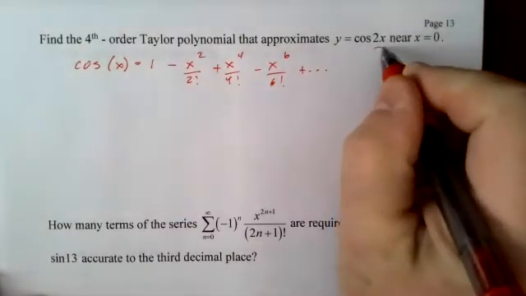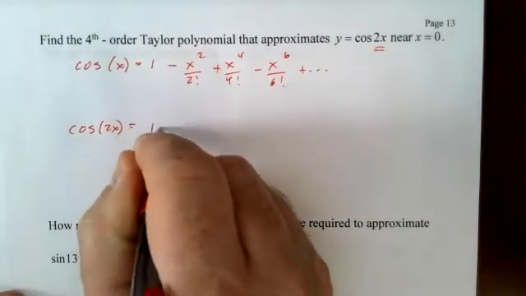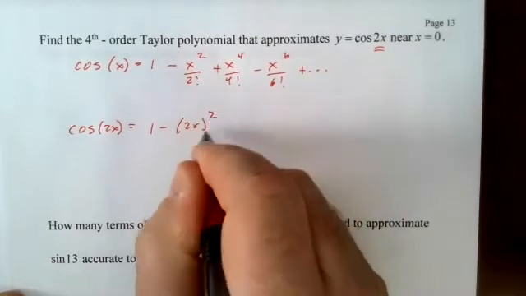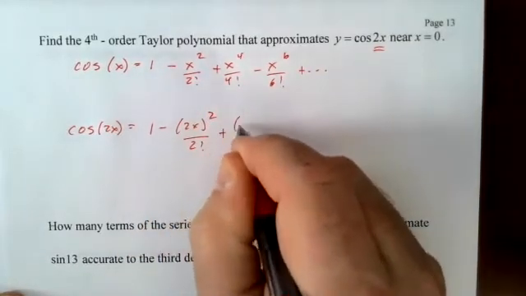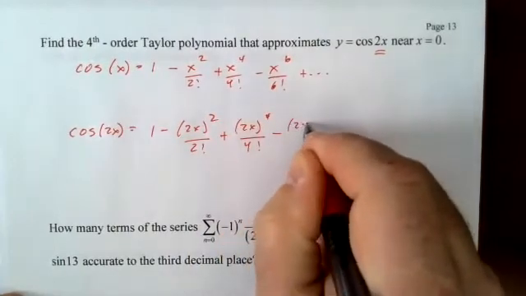Oh, wait, we wanted to know what cosine of 2x is. That's a piece of cake. Cosine of 2x equals 1 minus 2x squared plus 2x to the 4th. Yeah, literally, you just plug it in. 2x to the 6th.